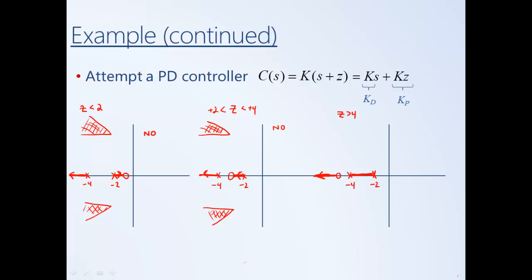In this case, we will now have a breakout point because this branch starts at -4, this branch starts at -2. As we increase k, the closed loop poles move away from the open loop poles. Eventually they'll meet, and at the point at which they meet, we'll have a breakout point. Okay.